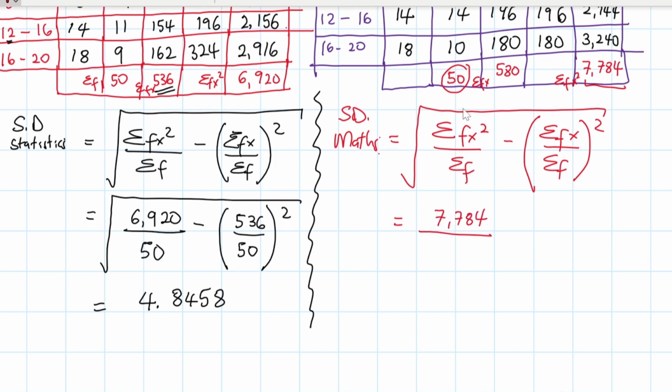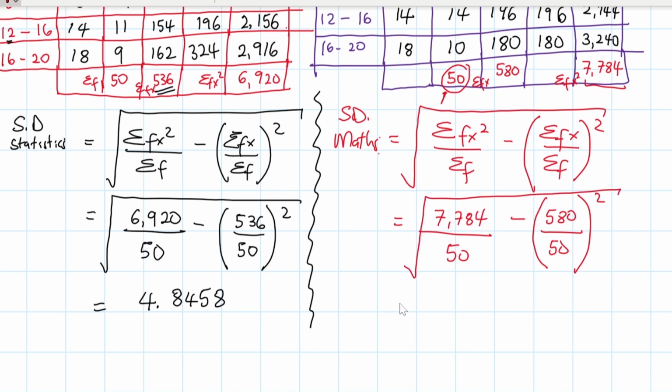Divide that by the summation of f, which is 50, minus the mean squared. The mean is the summation of fx, which is 580, divided by the summation of f, which is 50. This is squared, and the whole thing is under the square root. What we end up with is 4.5957.